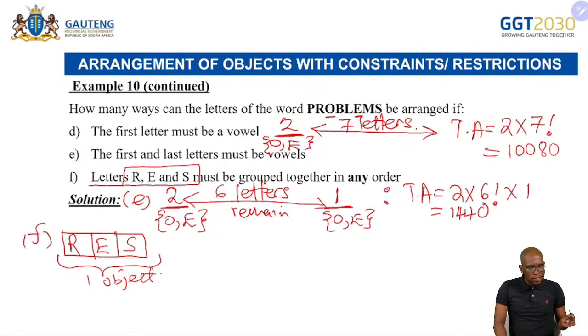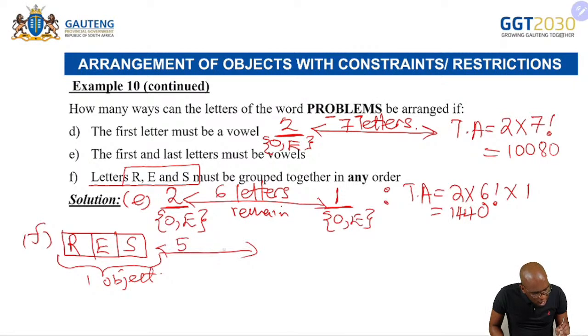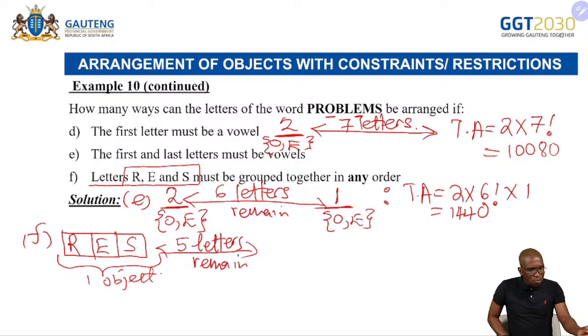How many are left? We've used 3, so we are left with 5 letters.